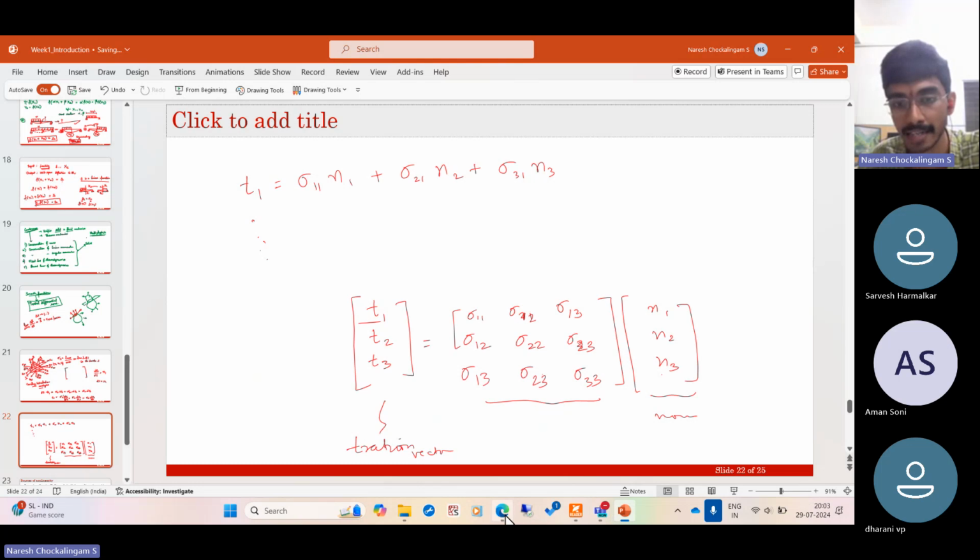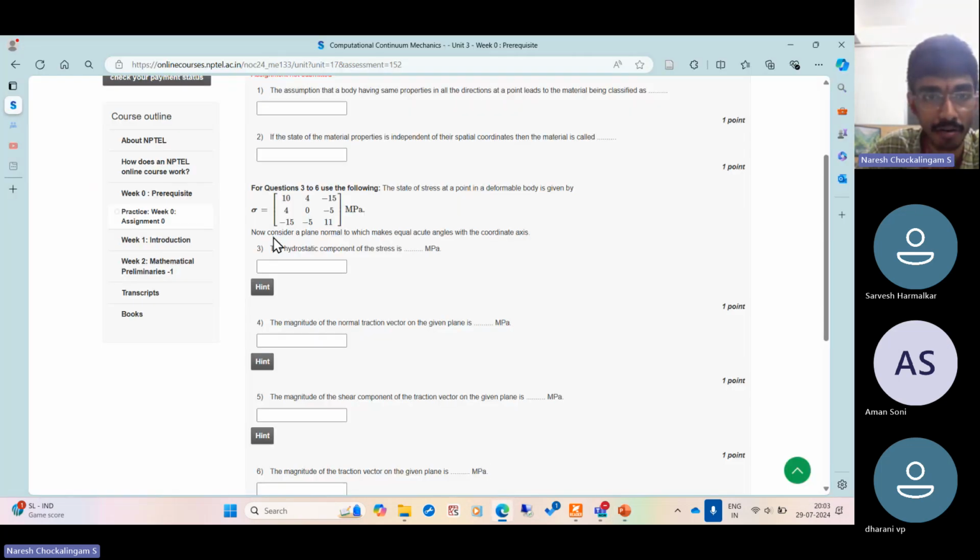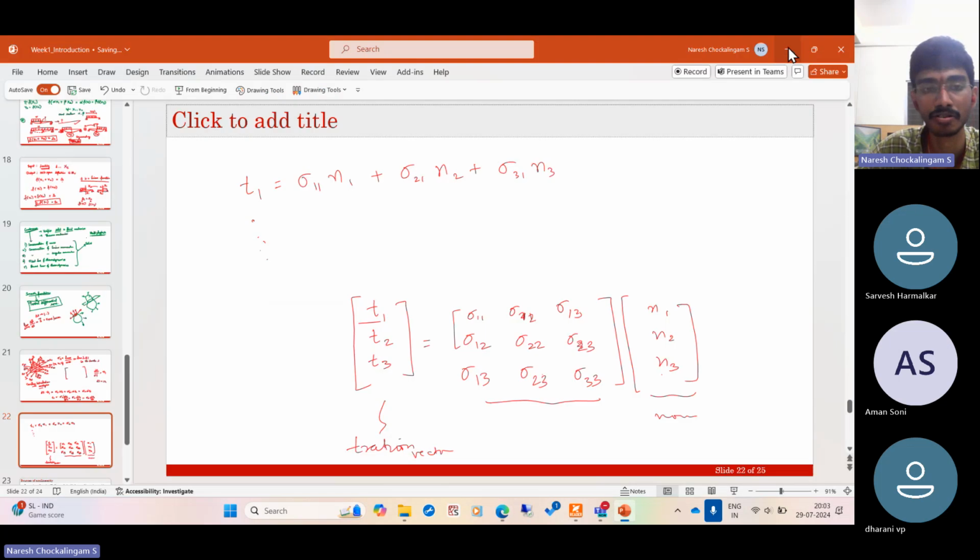Now, what are they telling in that question? They're saying consider a plane whose normal makes equal acute angles with the coordinate axes. So what should the components of the normal be? In all three axes, it should have equal components, right?